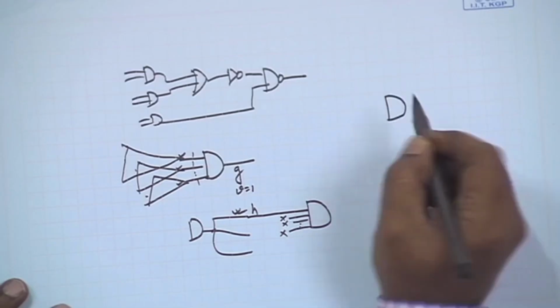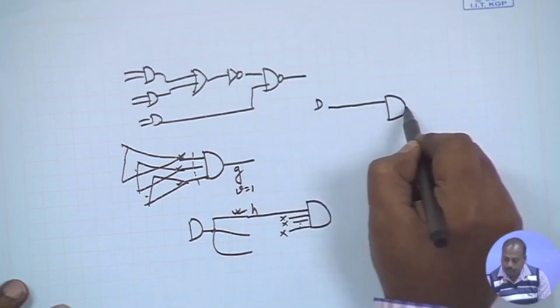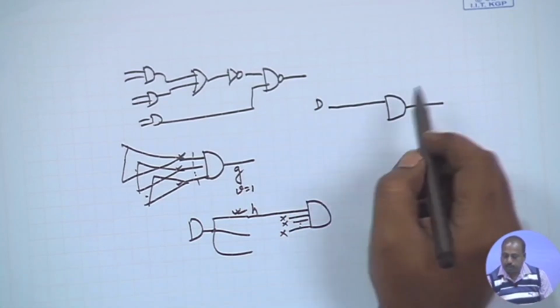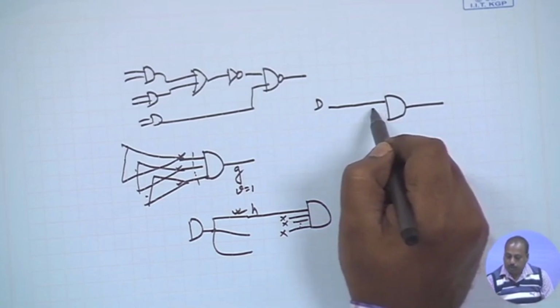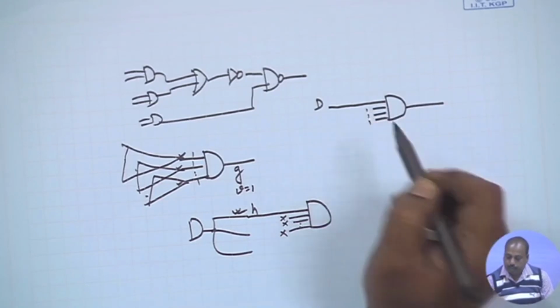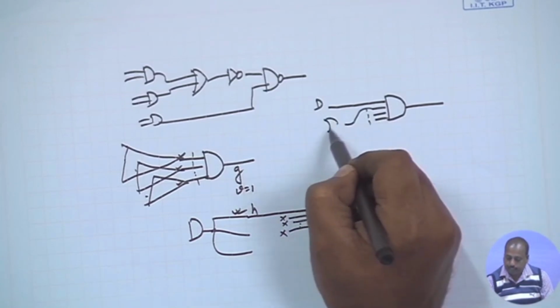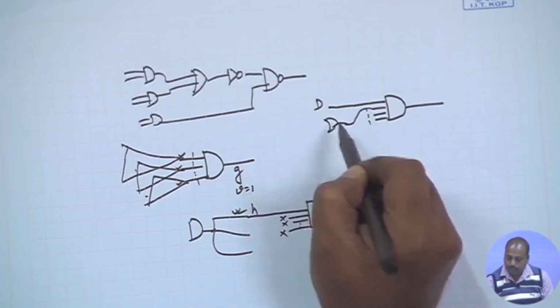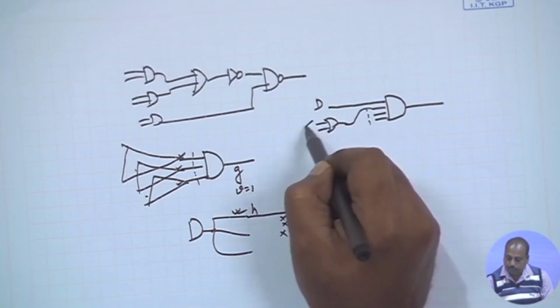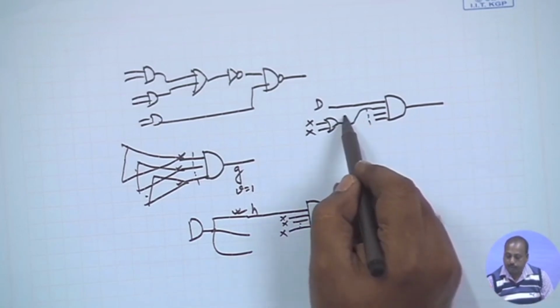So, what we essentially mean is that this is a gate, and this input is at D, and we want to propagate to this point. So, all these inputs are to be put to 1. If this input is coming from say another gate like this, then this gate's inputs are X and its output is now equal to 1, the specified required output is 1.